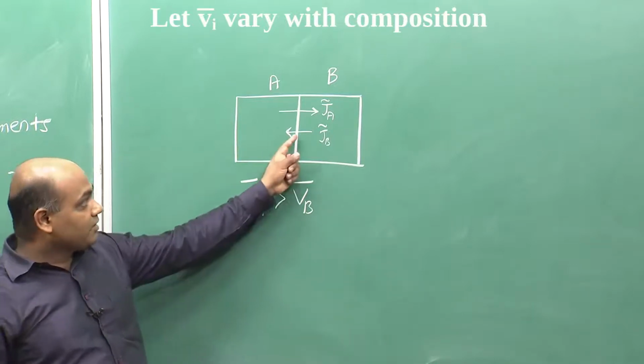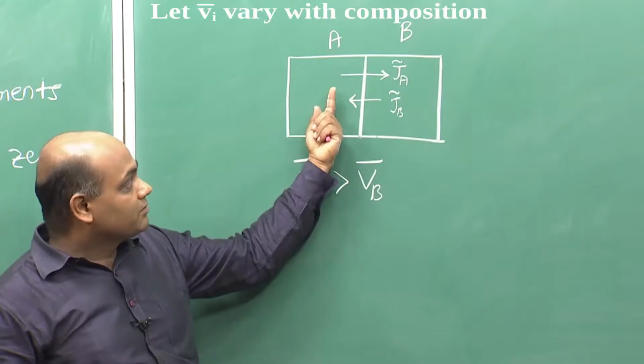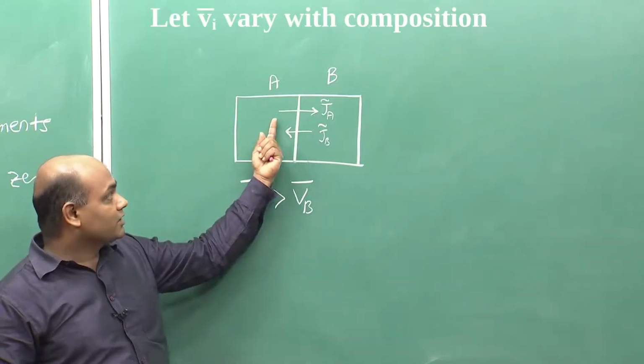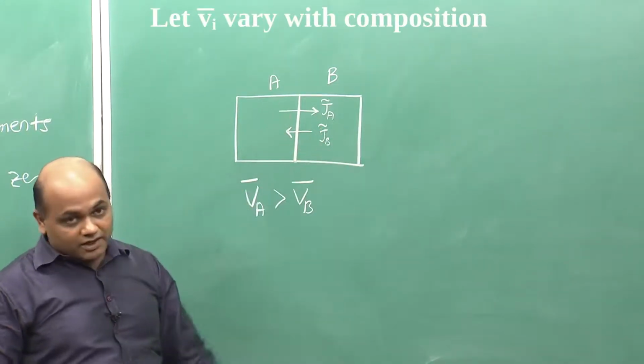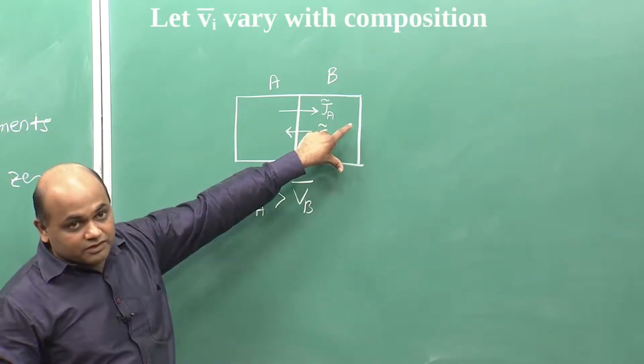then after some time, since there is an accumulation of A on the right side, accumulation of B on the left side, and depletion of A on the left and depletion of B on the right, in effect there will be an increase in volume on the right side.